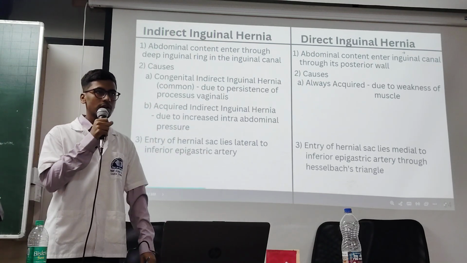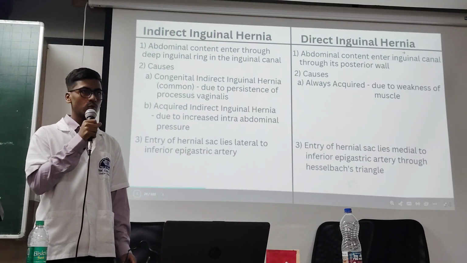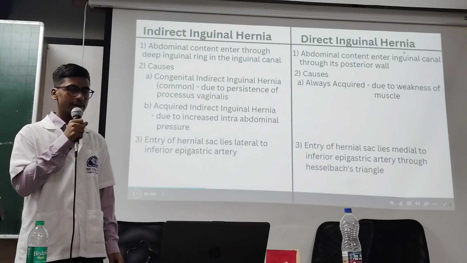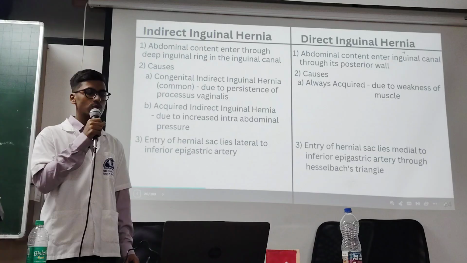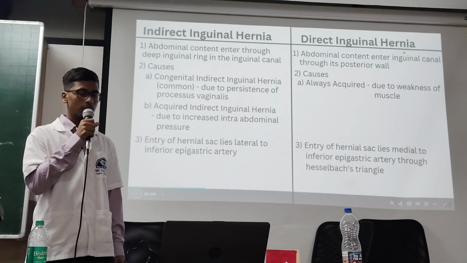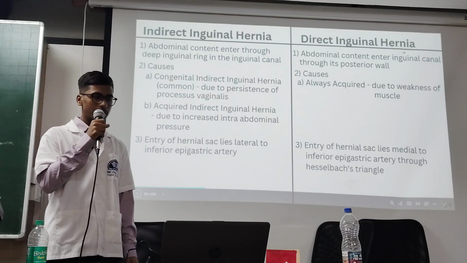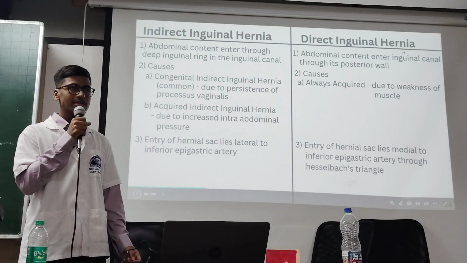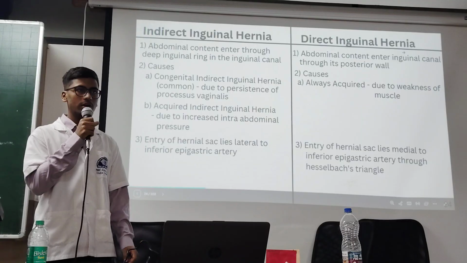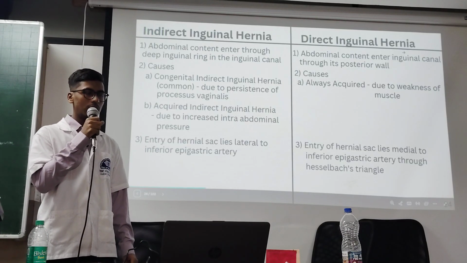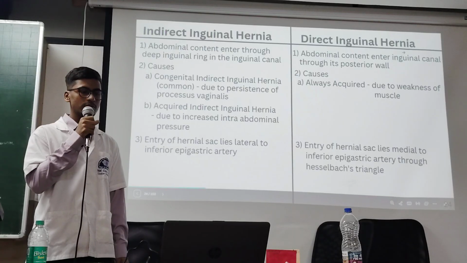Second point, causes. The causes of the indirect inguinal hernia are two: congenital causes and acquired causes. The more common are the congenital causes, which occur due to the persistence of the processus vaginalis. The processus vaginalis is the embryological peritoneal sac that enters the scrotum, and the acquired indirect hernia occurs due to an increase in abdominal pressure.